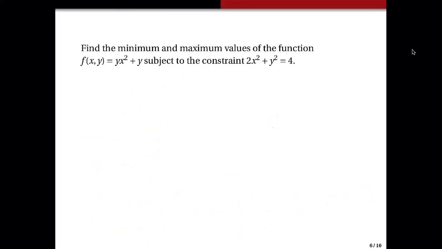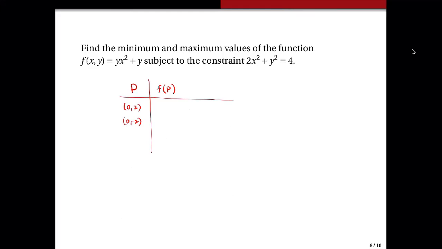So we have the point P, and then f evaluated at P. For the first point we have (0, 2), and the other point is (0, negative 2). What is f of P?